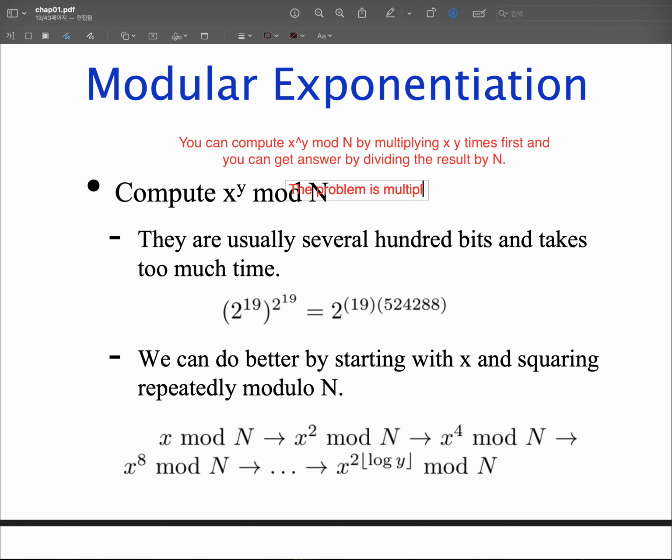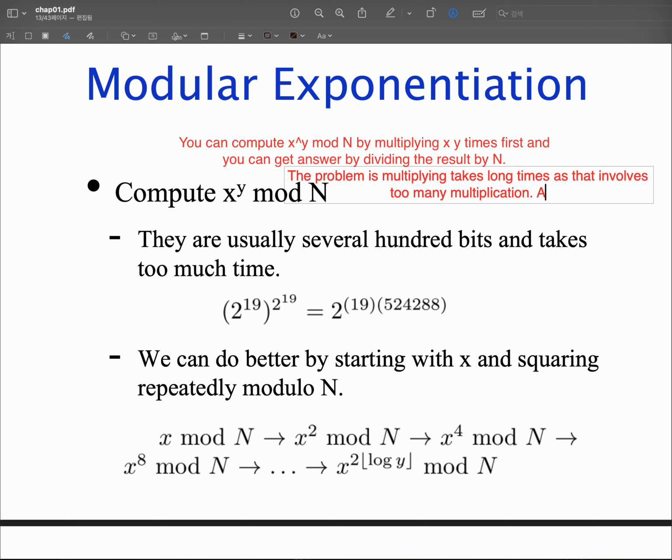multiplying takes a long time, as that involves too many multiplications, and there are chances of overflow.